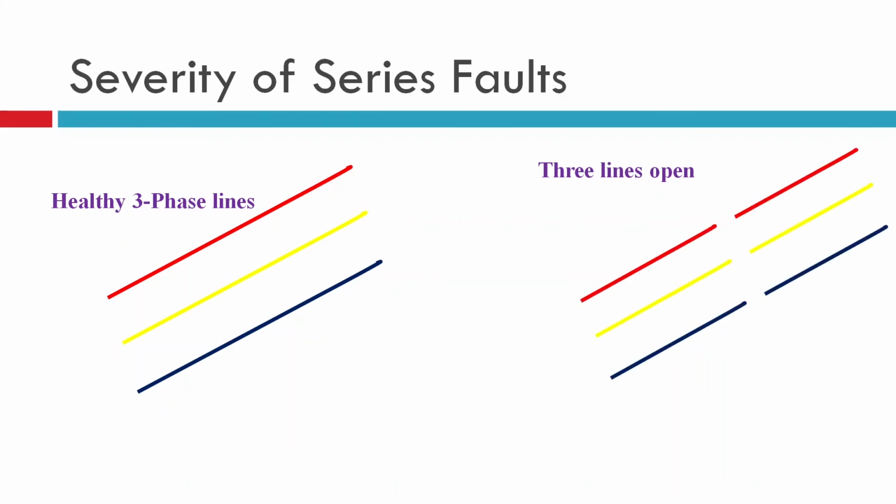So these are basically open circuit faults, and they are considered less severe as compared to shunt fault, because in such faults the current is reduced and frequency is increased. However, no fault is desirable.